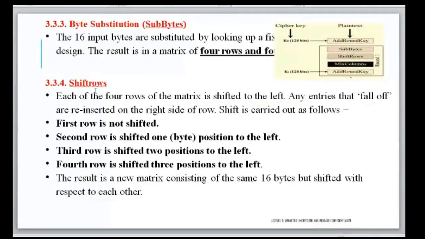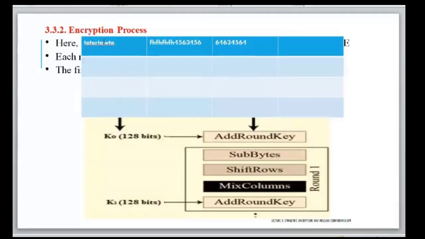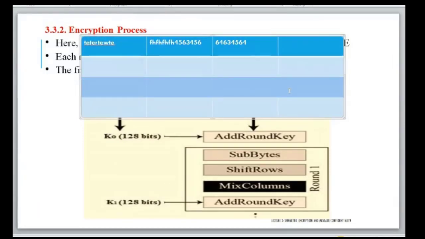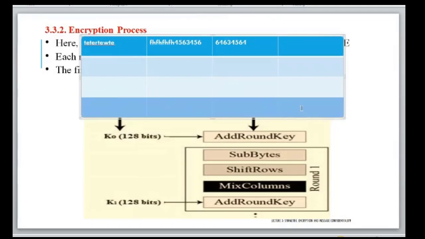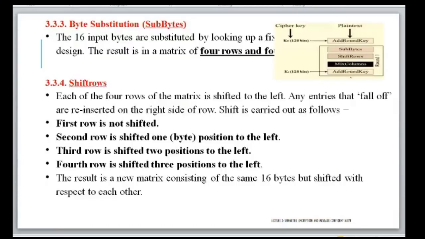Then shifting the rows. Shifting the rows means in the first row, I'm not going to do any shifting. The second row, I'm going to shift. The third row also, and the fourth row also, I'm going to shift. For shifting, there is a formula available. What is the formula?